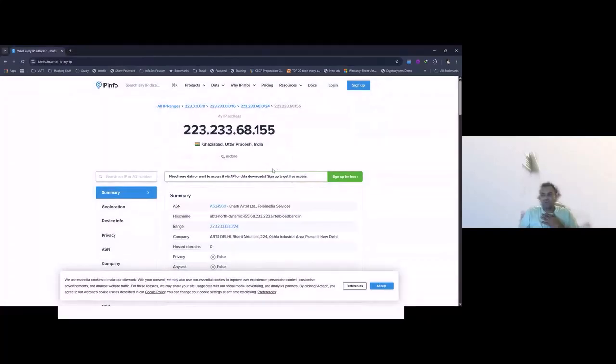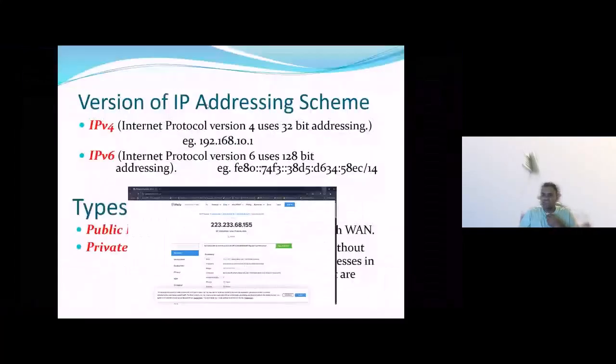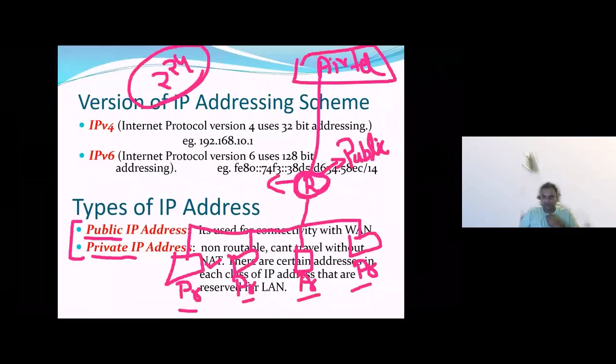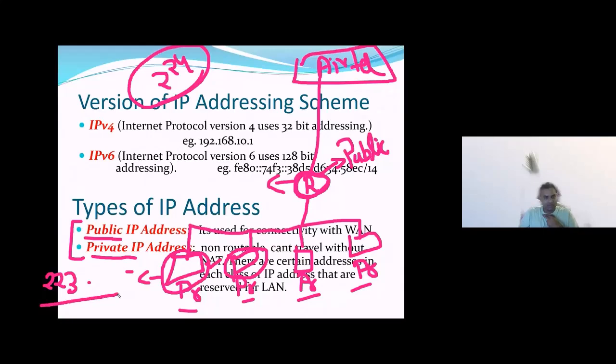I check on Google and it is showing me that your IP address is 223.233.68.155. Correct? Who is checking? One of the computers in the network is checking what is my IP. So if this person checks, they got the IP 223 something. When this person also checks what is my IP, does it see the same IP address, or could it be different?